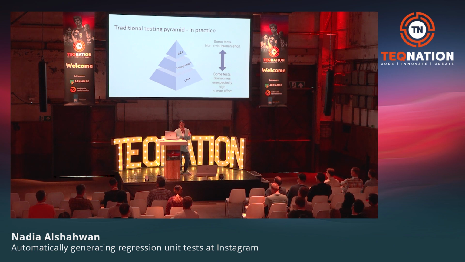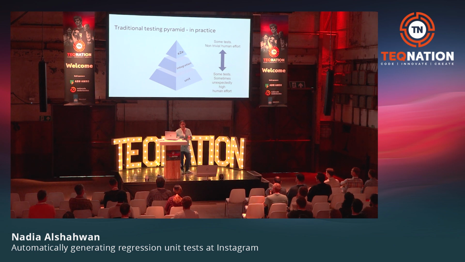But in practice, when we looked at the tests, we found that people tend to write more end-to-end tests, at least in Instagram, and it does require non-trivial effort because you need to understand a lot of components. Some of them you never worked on.